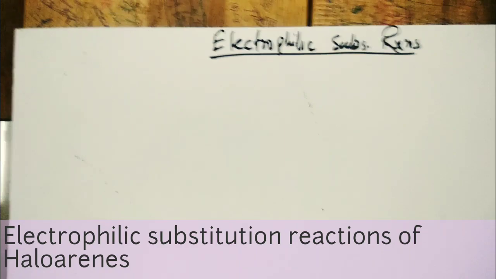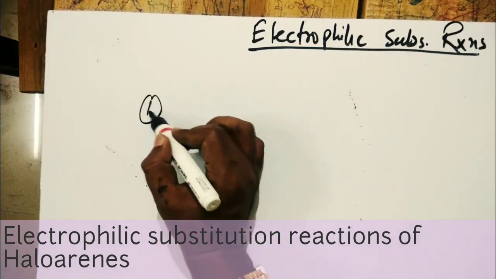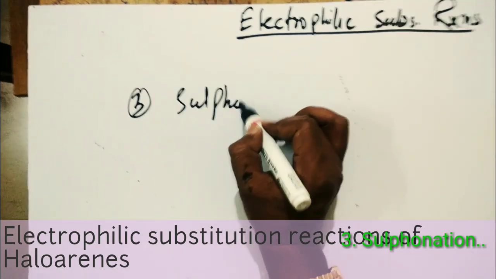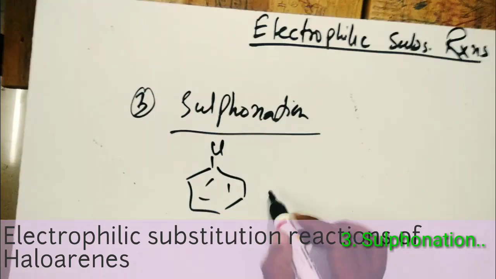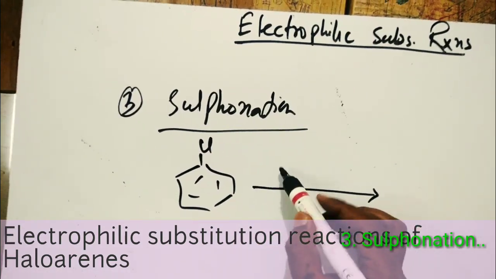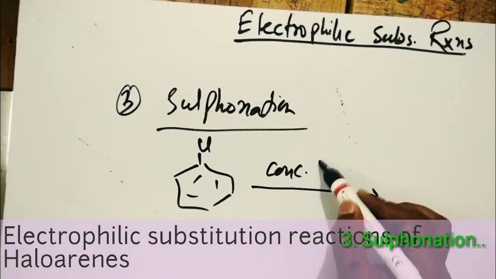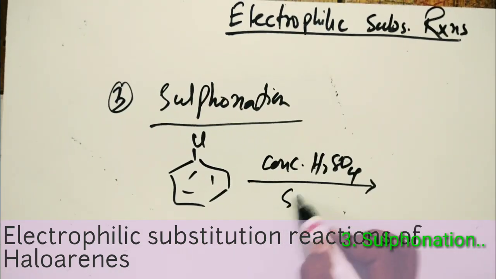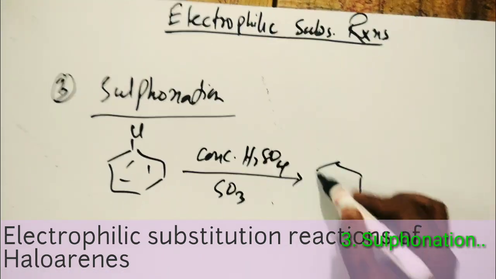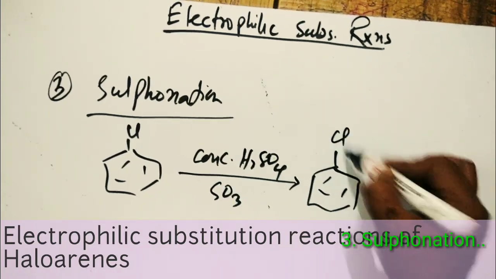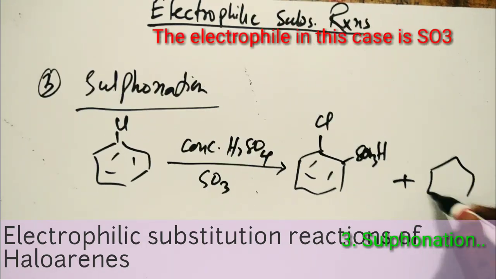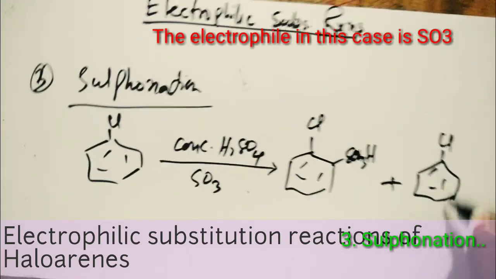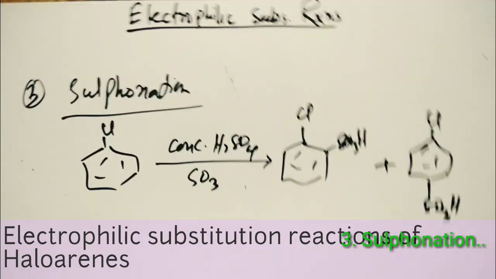Now the third example, which is sulfonation, in which chlorobenzene reacts with concentrated H2SO4 to form again ortho plus para, these products.